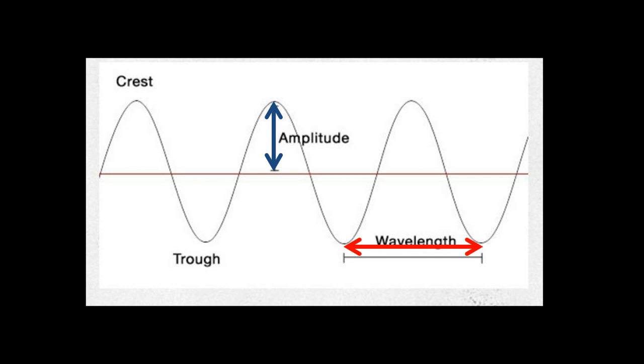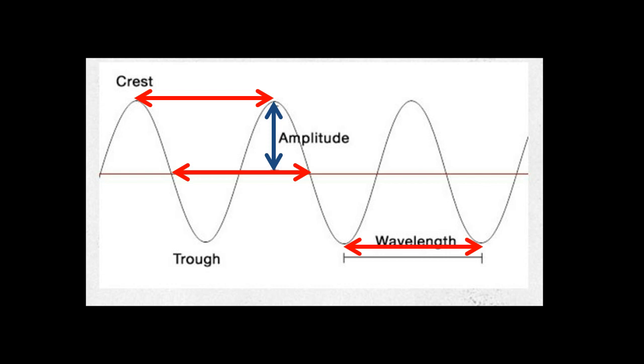Wavelength here is measured from trough to trough. It can also be measured from crest to crest, and you could also measure it from the beginning of a valley to the end of a hill. So there are all types of ways to measure a wavelength as long as you have an entire top and an entire bottom.